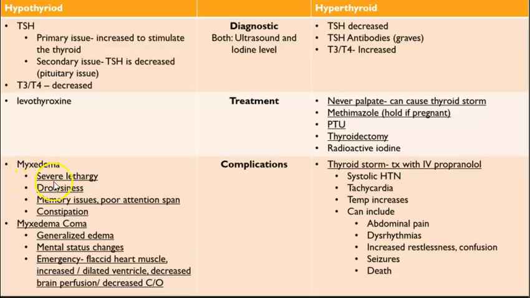So myxedema coma: severe lethargy, drowsiness, memory issues, poor attention, constipation, everything is slow. When they hit where it's slowed down so that now they're in a coma, you're going to see massive edema, mental status changes, flaccid heart muscle, it's no longer beeping or beating, dilated ventricles, decreased perfusion to the brain and other body organs.